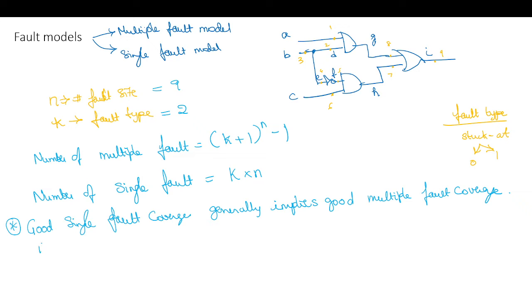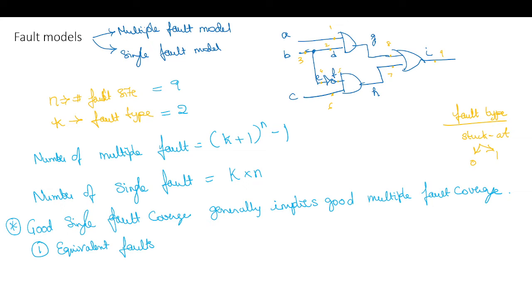So here we come to the concept of equivalent faults. It is meant to say that one or more single faults can have an identical behavior, and a single pattern is sufficient to detect the other node faults also.